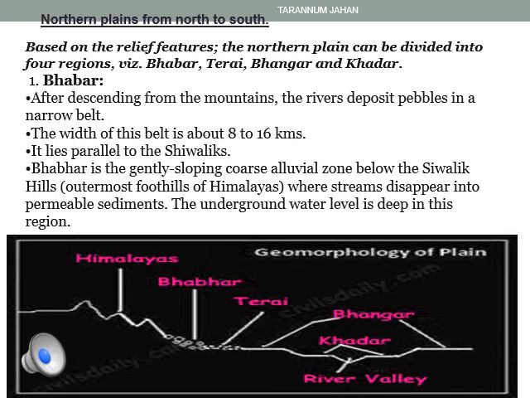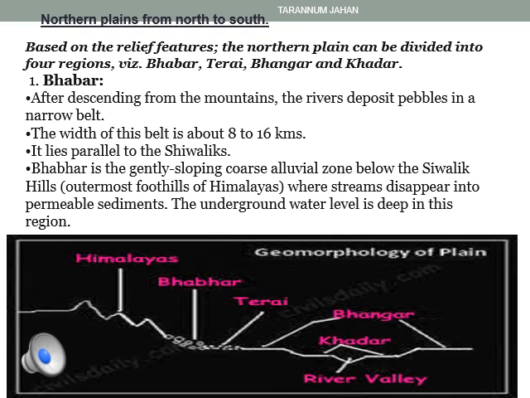Northern plains from north to south. Based on the relief features, the northern plains are divided into four regions: Bhabar, Tarai, Bhangar, and Khadar. Now if you see the map, the diagram, when the Himalayas are there, then the Himadris are there, then the Shivaliks are there.